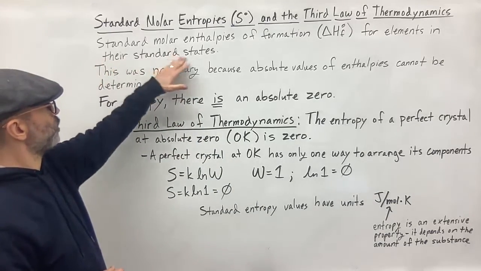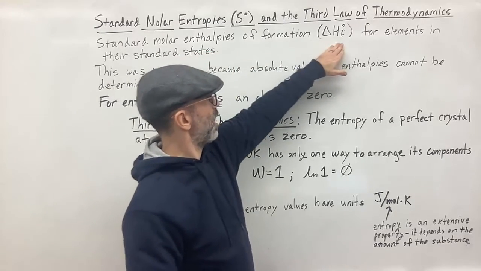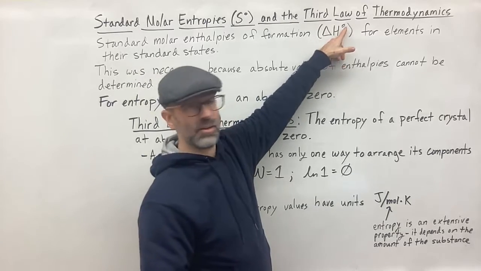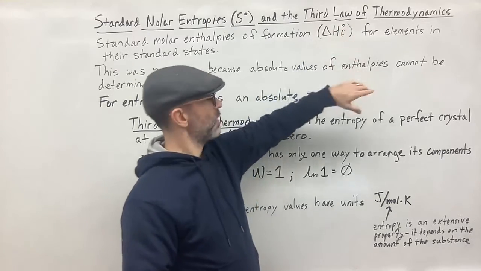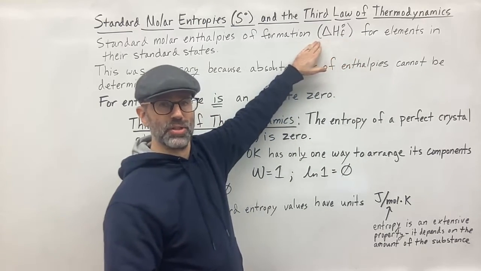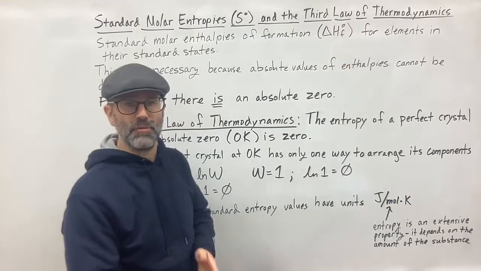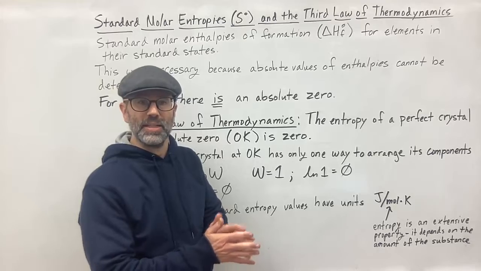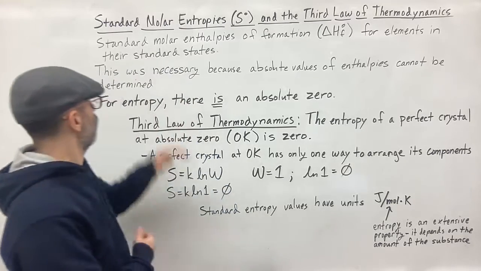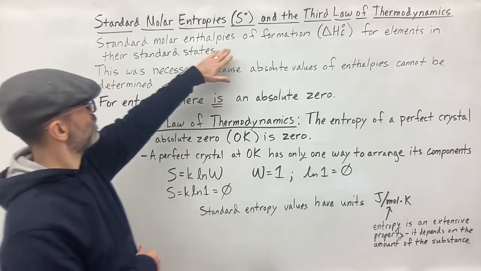The symbol for change in enthalpy is delta H, standard is represented by that circle right there, and the subscript F is for the formation. So this is standard enthalpy of formation, and for elements in their standard states, we define this as zero.